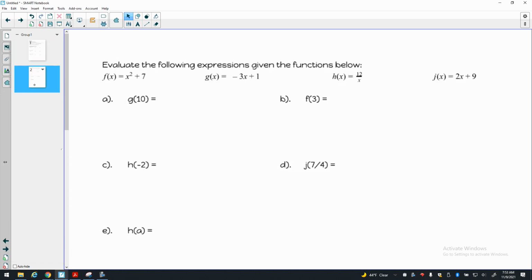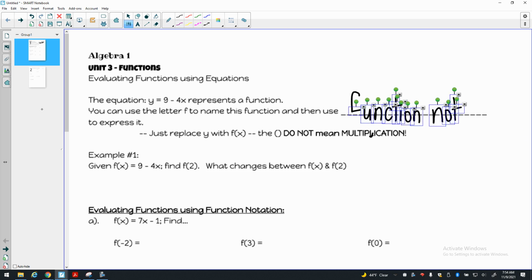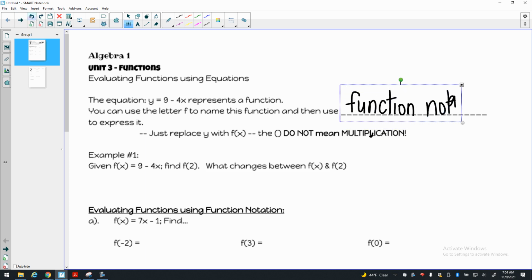You can use the letter f to name this function, and then use what we call function notation. Use function notation to express it.